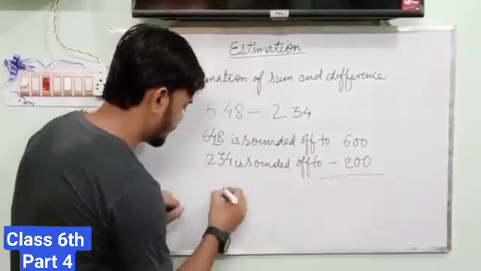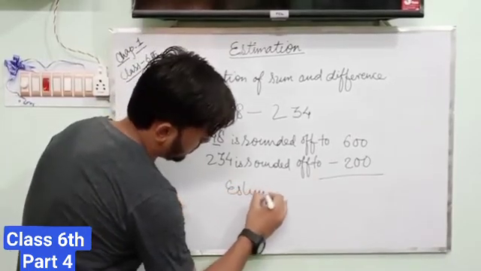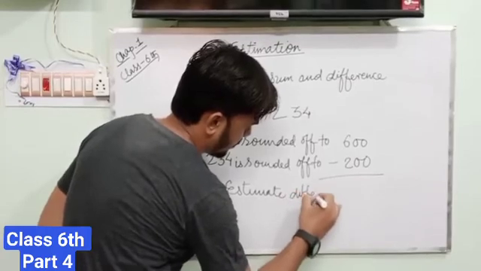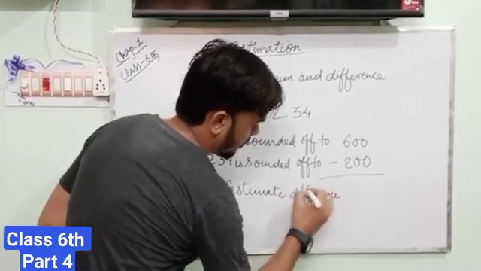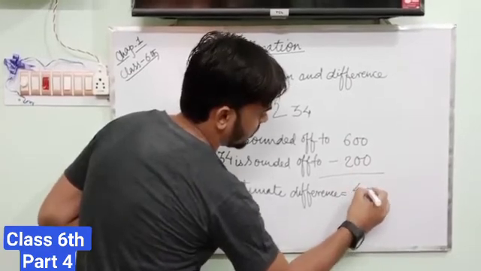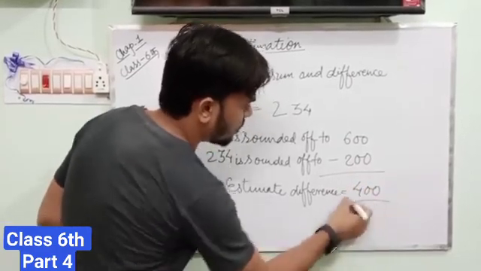Then the estimated difference is equal to 600 minus 200, which is equal to 400.